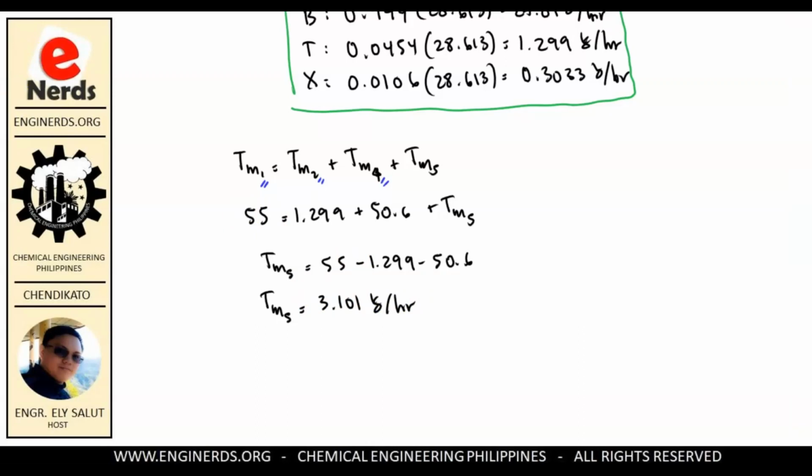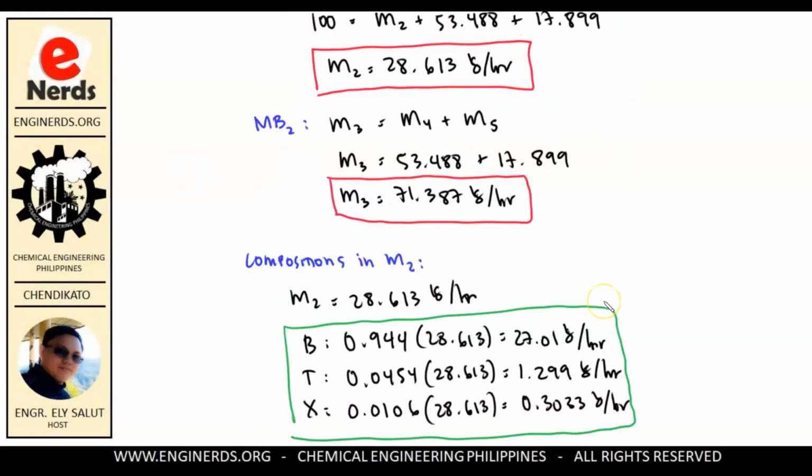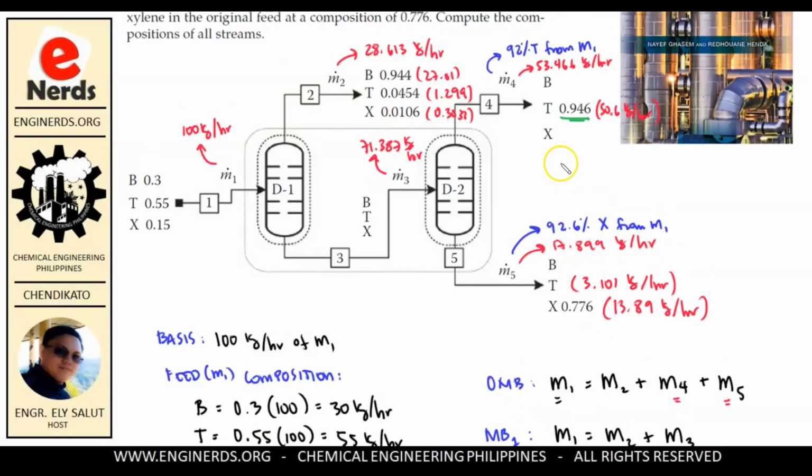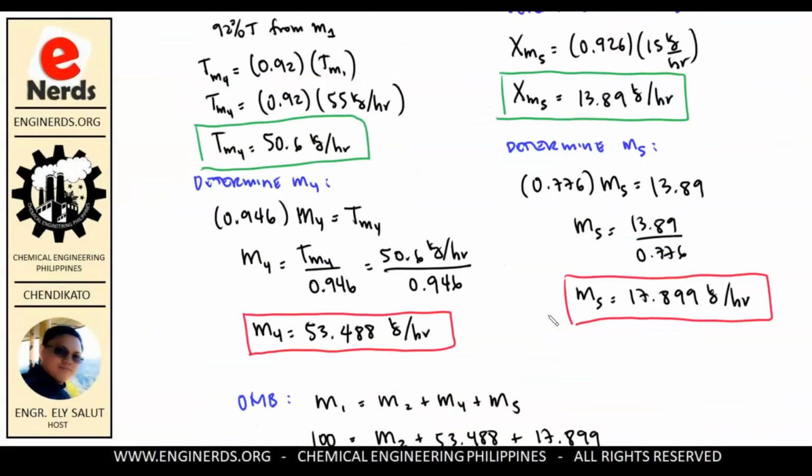Okay, so alam na natin yung value ng toluene in M5, which is 3.101 kilogram per hour. Okay, so now let us determine yung silane dito sa ating M4. Because alam natin yung silane sa M1, alam natin yung silane sa M2, we know also silane dito sa ating M5. Okay? So, let us do that here.